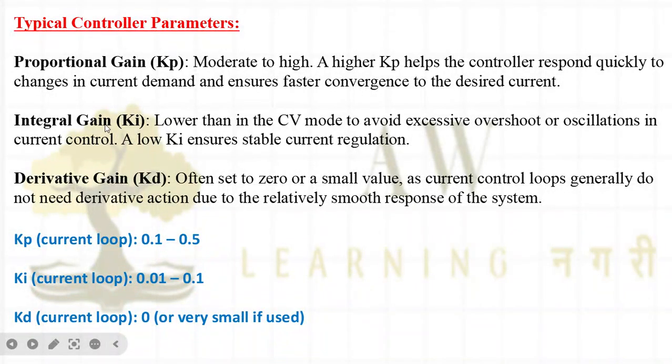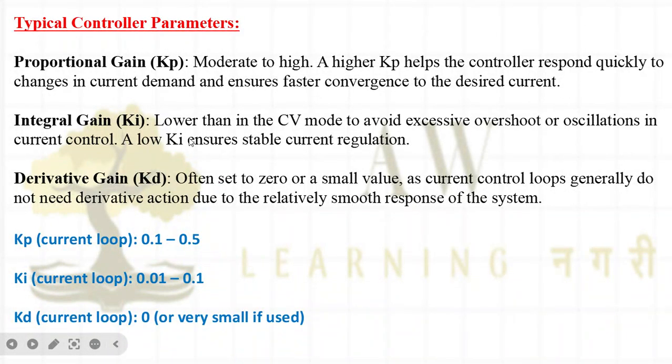Then the integral gain, my Ki. What value of Ki should I take for constant current mode? Lower than in constant voltage mode, to avoid excessive overshoot or oscillation in the current control. A low Ki ensures stable current regulation.